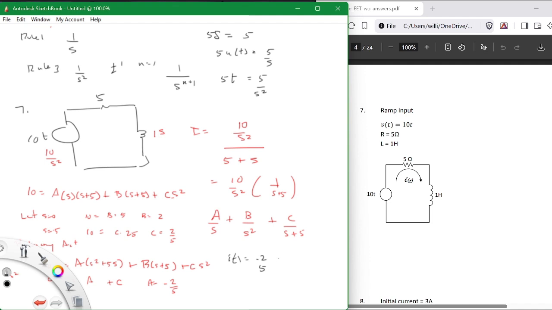The B term is s squared, which is what? The B term is plus 2t, and the C term is plus 2/5 e to the minus 5t.